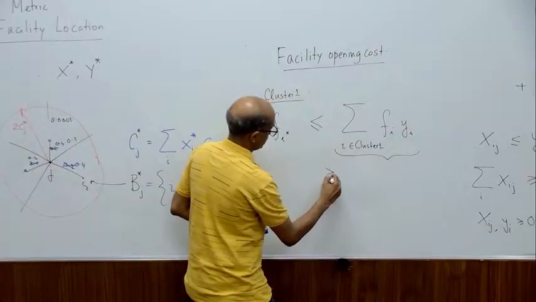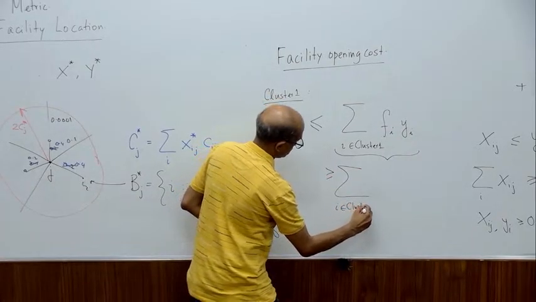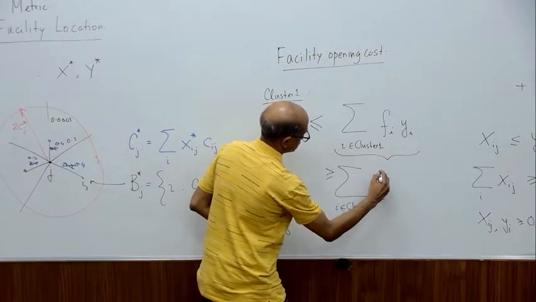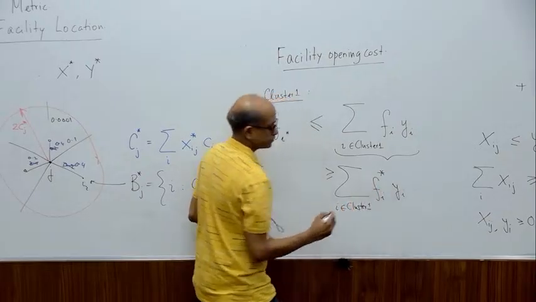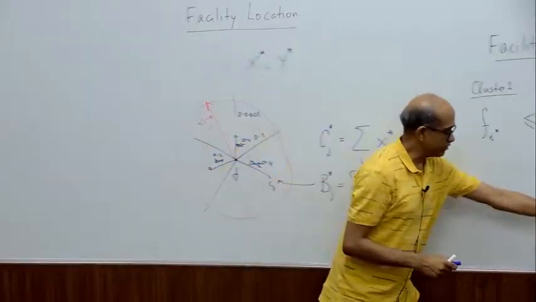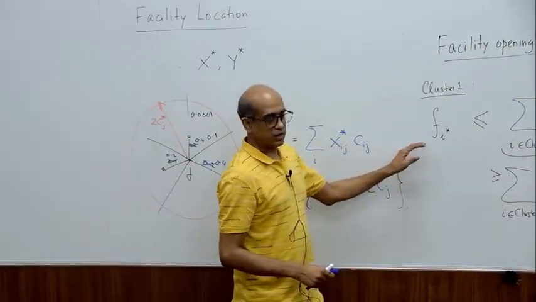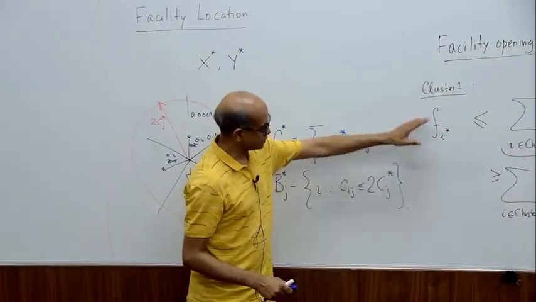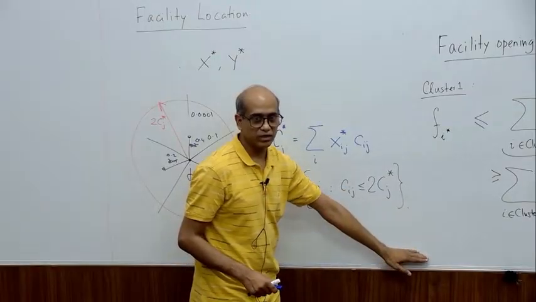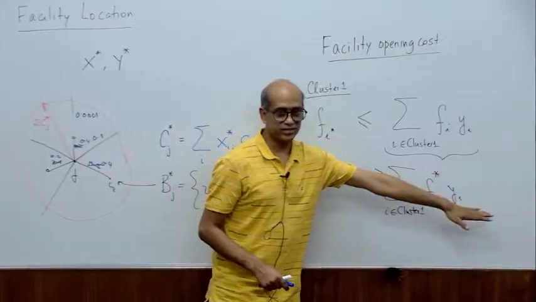This is at least the sum over all i in cluster 1 of fi star yi. Then fi star comes out, and what do I have? I have the summation of yi, which I know is at least 1. So this is true. Now when I add up over all the clusters, on the left hand side I will have the total facility opening cost. What do I have on the right hand side?